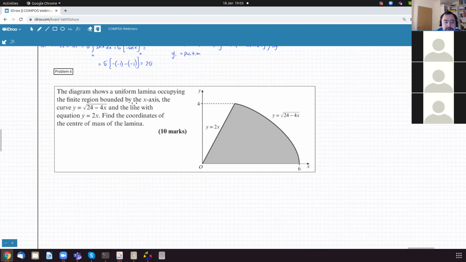So it has a uniform lamina occupying the finite region bounded by the x-axis, this curve, and the straight line y equals 2x. Find the coordinates of the center of mass. Well, to me, the easiest way is to cut it like this.